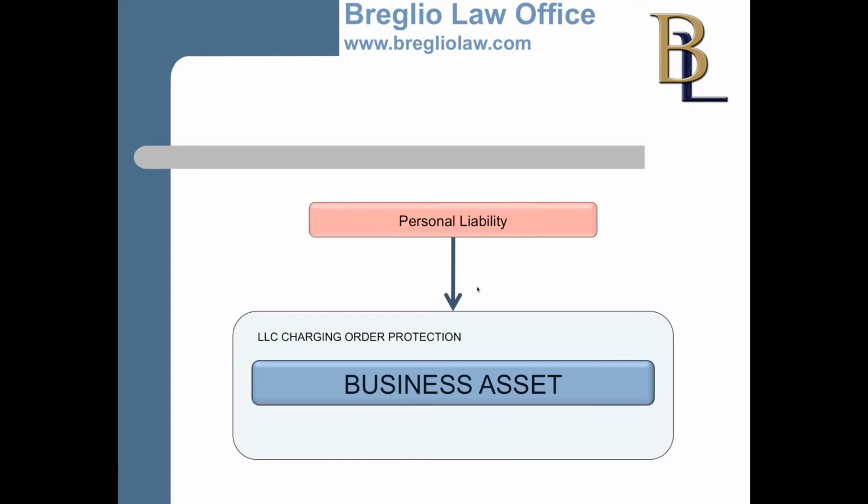And the way this law works, it was kind of derived by the courts. And courts kind of looked at this and said, okay, you have partner A and partner B. Partner A got into a car accident and killed somebody. And the family of that deceased person is suing partner A for $10 million. Partner A is a 50-50 owner in this business with partner B. And this business has $10 million in assets.